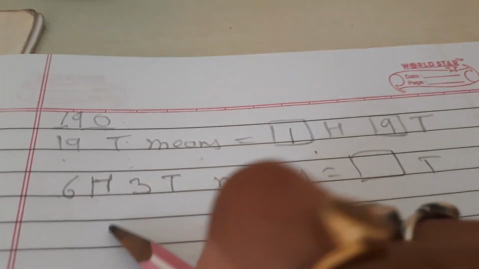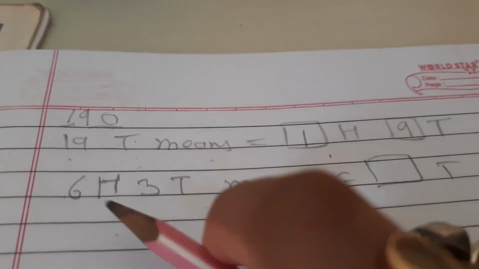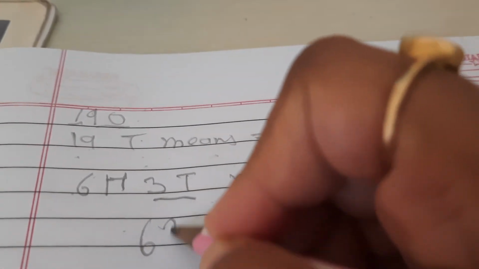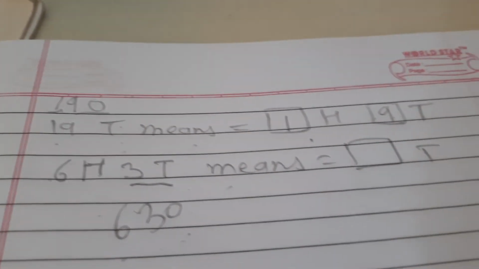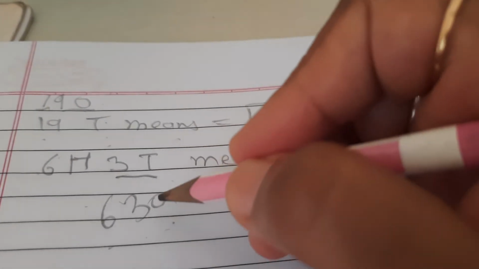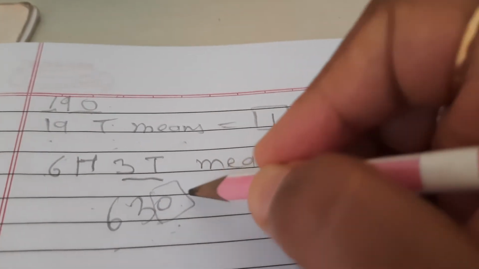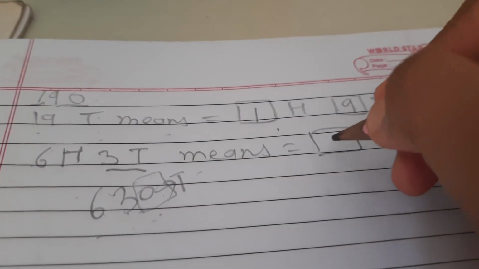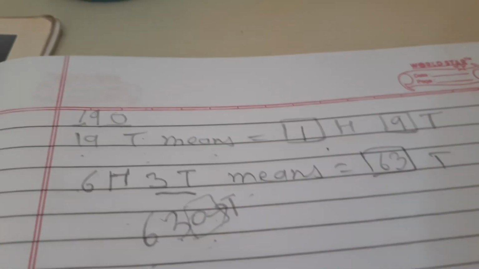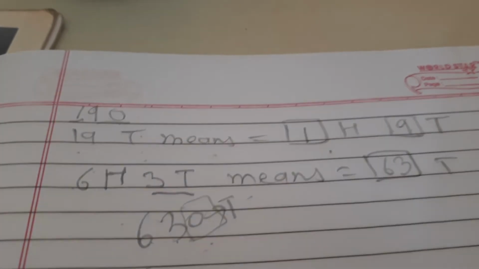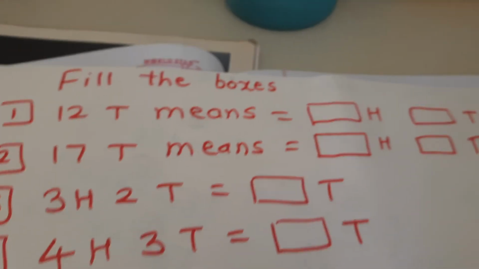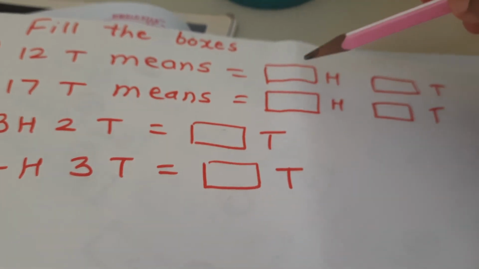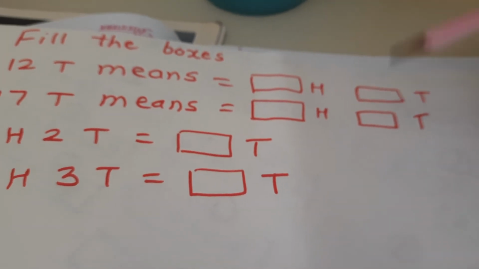Got it? Now 603 tens. 600 and 3 tens means 30. Correct? So 630. So how many tens? So we have to take this 0 as a tens. Okay? So how many tens? 63 tens. Now this one is the easiest for you to solve. 12 tens means how many hundreds and how many tens?